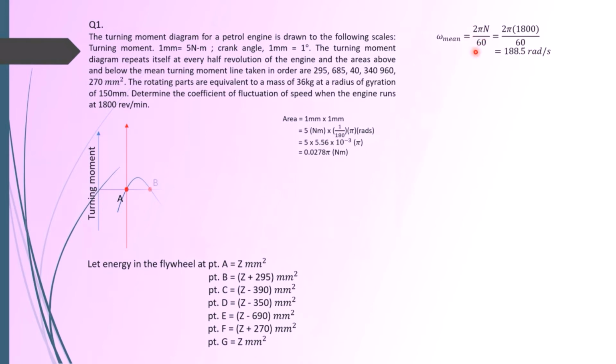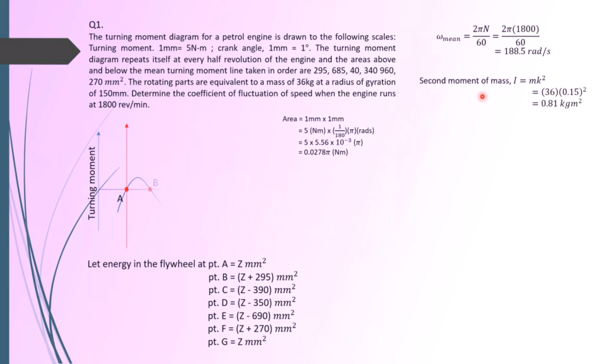By now you should know, it equals 2 pi N over 60, where 2 pi is because revolutions to radians is 2 pi, and minute to second is divided by 60. So you've got 188.5 radians per second.